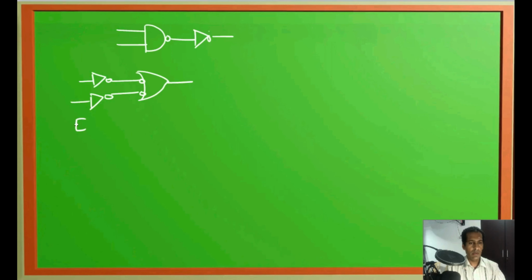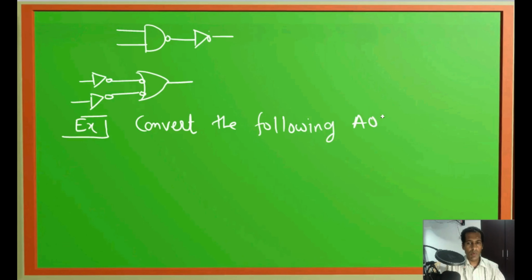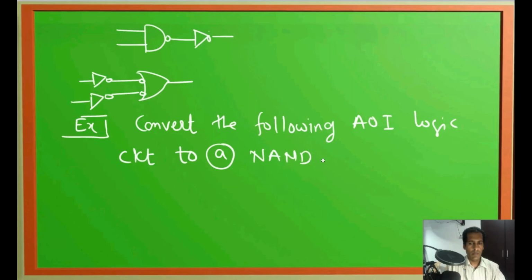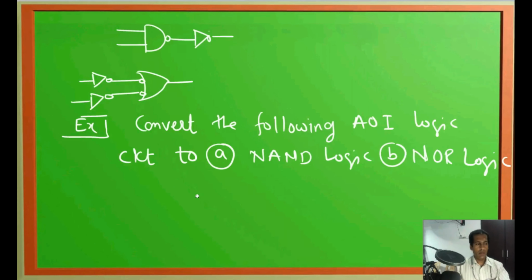Say the example is: convert the following AOI logic circuit to NAND logic and then NOR logic. So let us do this task.